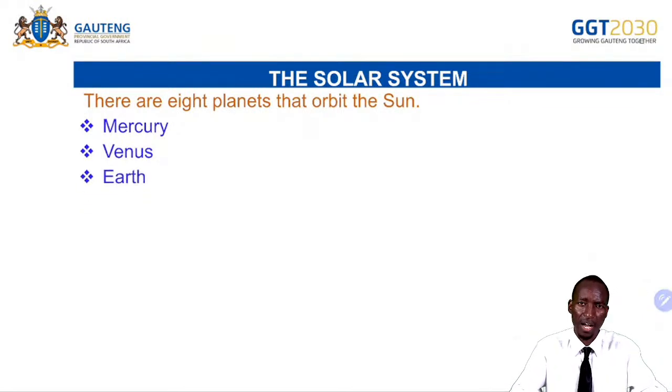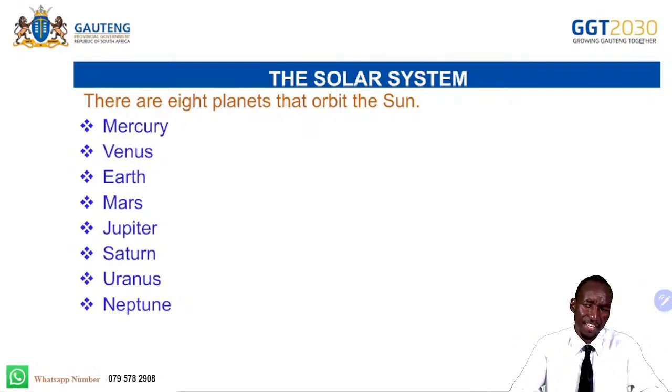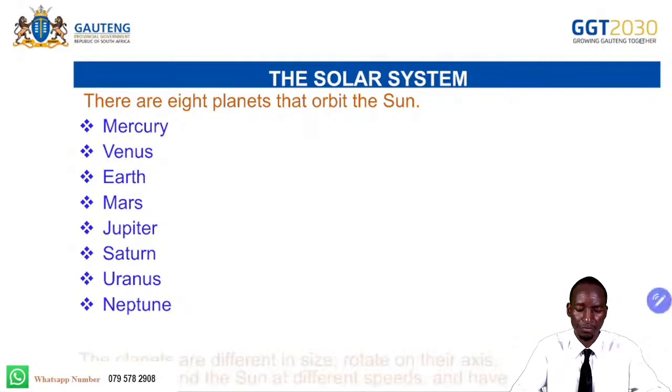And remember, our planet Earth is the only planet which can sustain life. We've got planet Mars. Then we've got Jupiter, Saturn, Uranus, and finally Neptune. Those are the 8 planets which are found within our solar system.